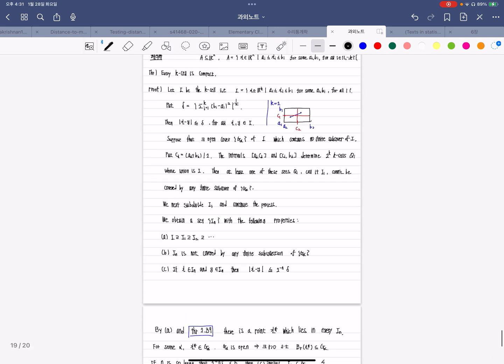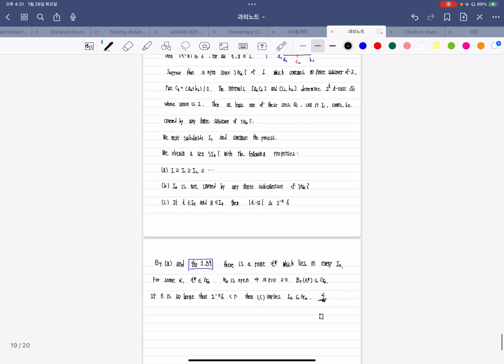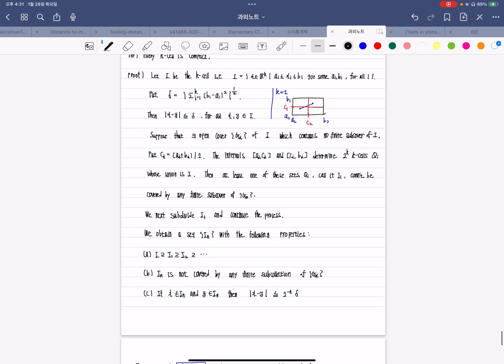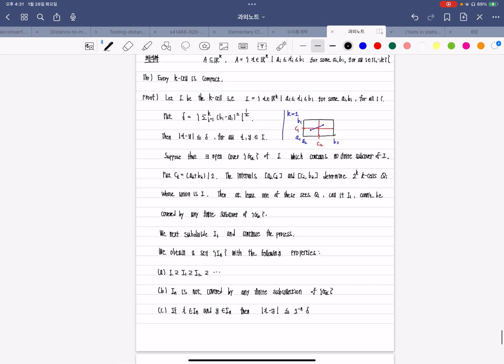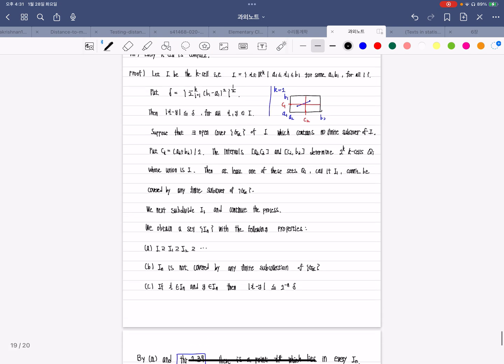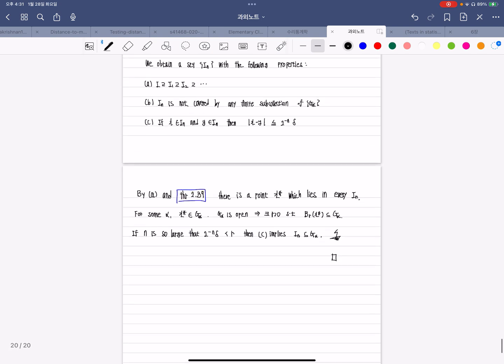Okay. The main idea of this theorem is to subdivide a k-cell.